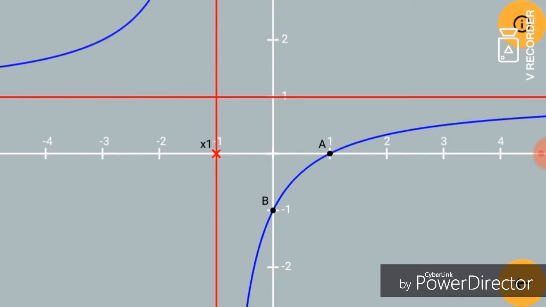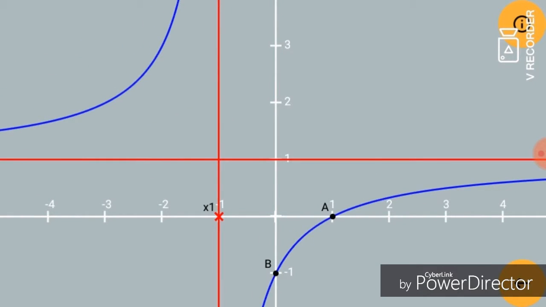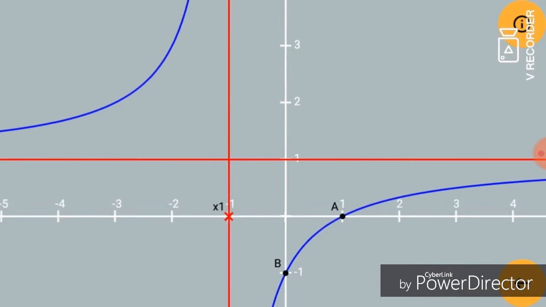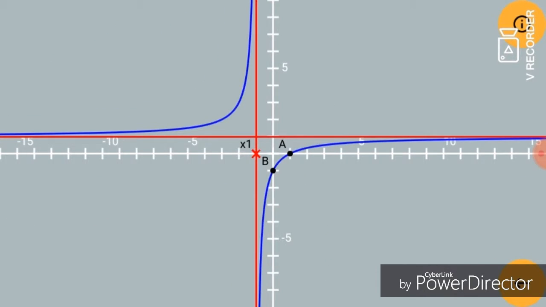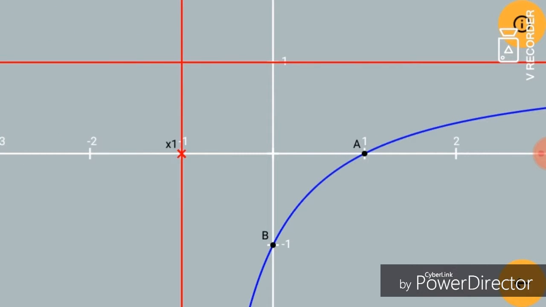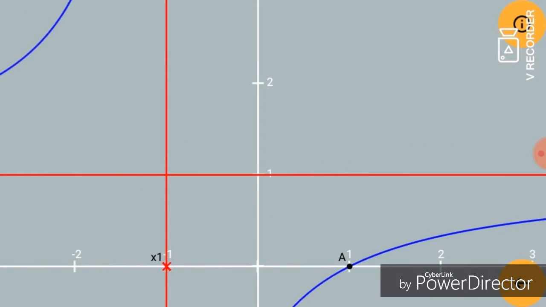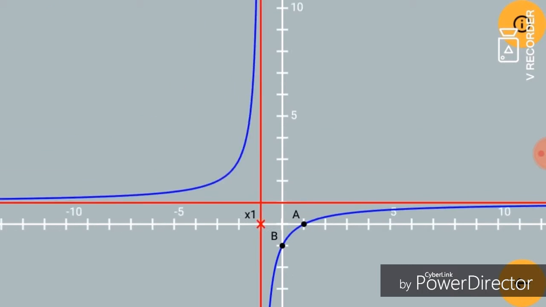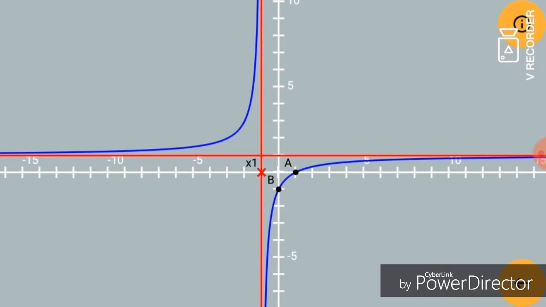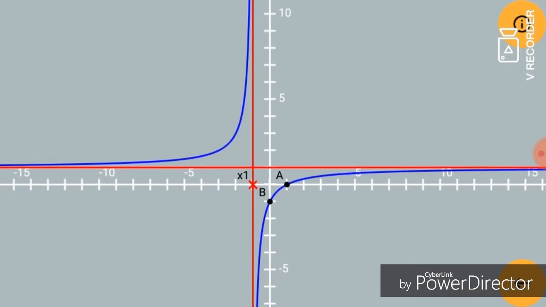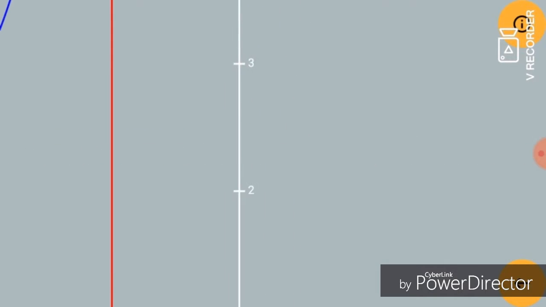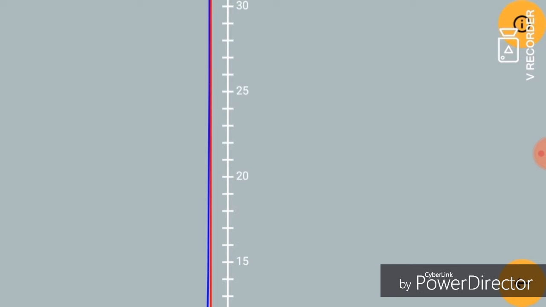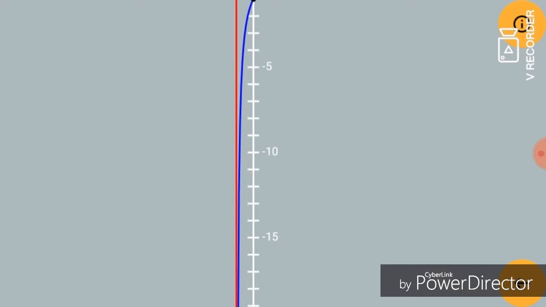On this graph, the red lines represent the vertical and horizontal asymptotes, which are x equal to negative 1 and y equal to 1. The graph never touches them, so we conclude that the range is y such that y is greater than 1 and less than 1.